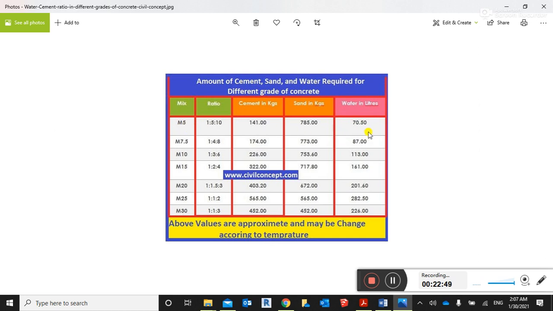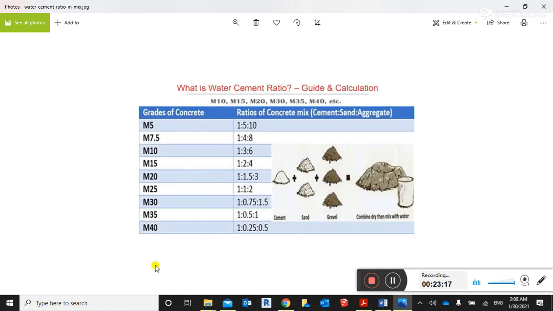For M5, the amount of water is 70 liters. See, guys, the difference. For M30, the amount of water is 226 liters. The grade of concrete is low, the amount of water is low. The grade of concrete is up, the water content is up. See, guys, this is also the same thing. This is the grade of concrete, this is a mix ratio.